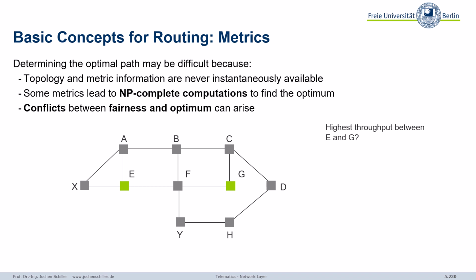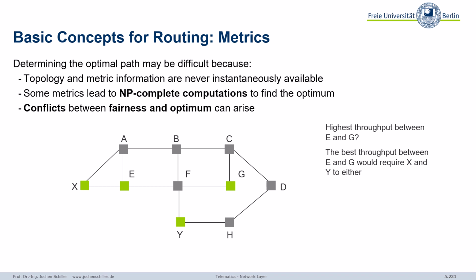Now we can additionally assume, if we want to achieve the highest throughput between E and G, then the best case is no one else talks.